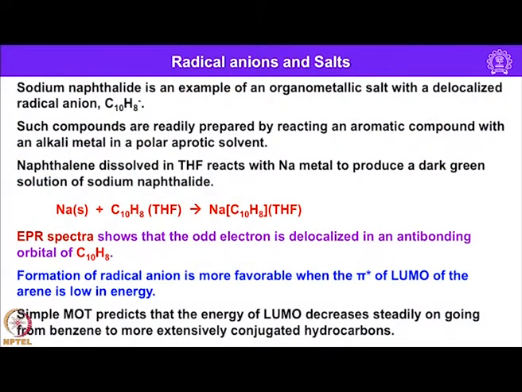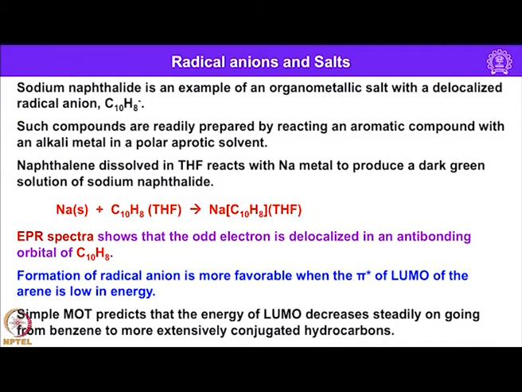Sodium naphthalide is an example of an organometallic salt with a delocalized radical anion, C10H8-. Such compounds are readily prepared by reacting an aromatic compound with an alkali metal in a polar aprotic solvent. Usually tetrahydrofuran is used. So, naphthalene dissolved in tetrahydrofuran reacts with sodium metal to produce a dark green solution of sodium naphthalide.